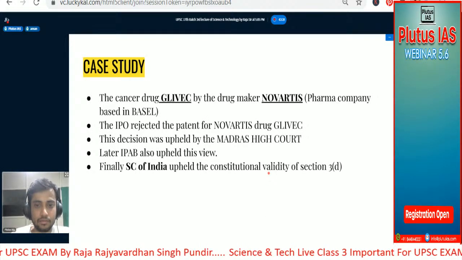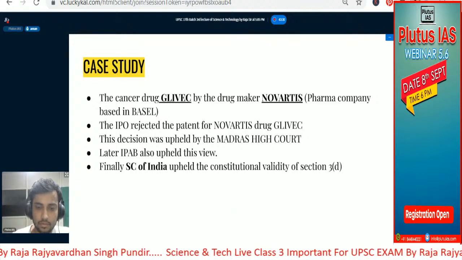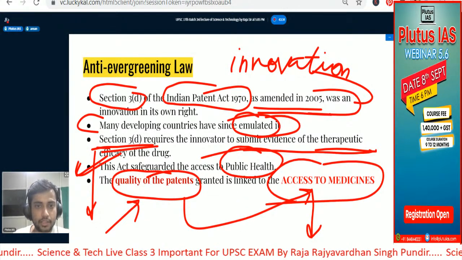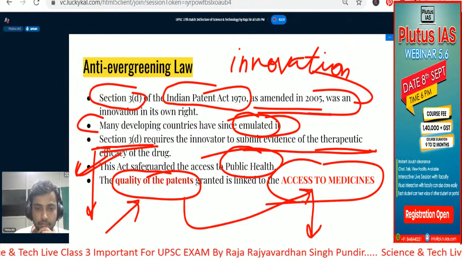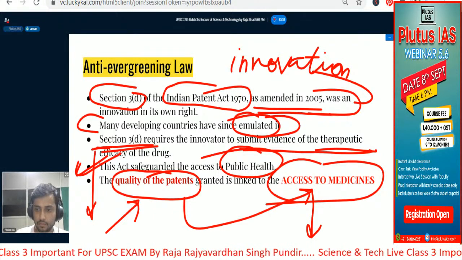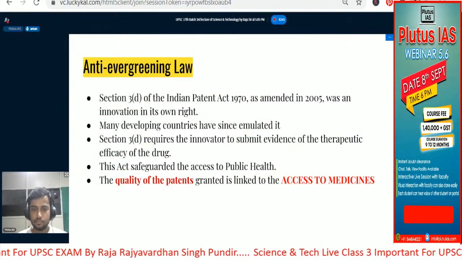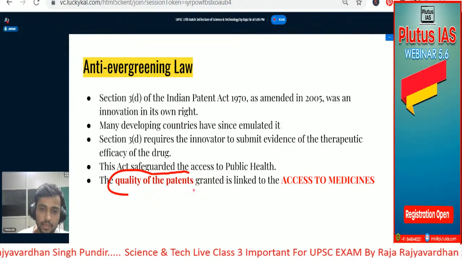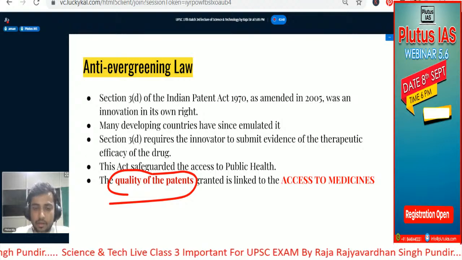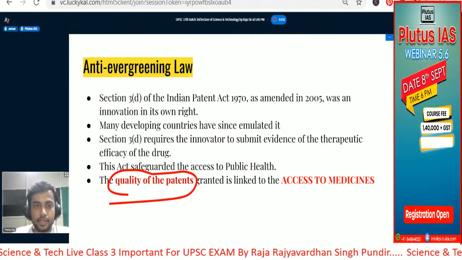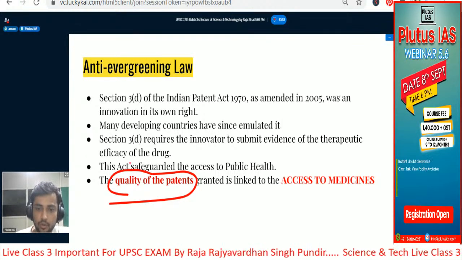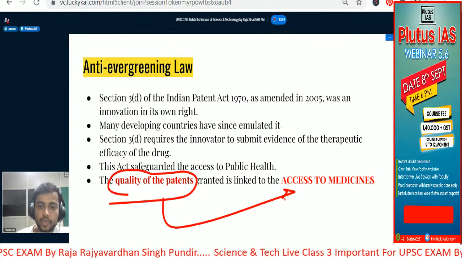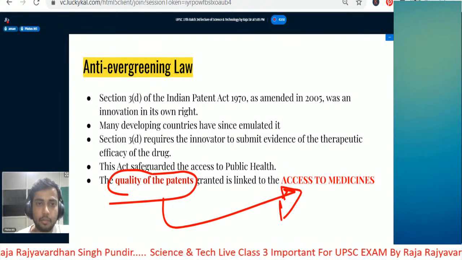Yes, I didn't get the last line. So the quality of patents is linked to access to medicines. Yes, sir. See, the quality of patent means if there is no new innovation, because in the case of cancer, access to the cancer drug is very important for the general public.